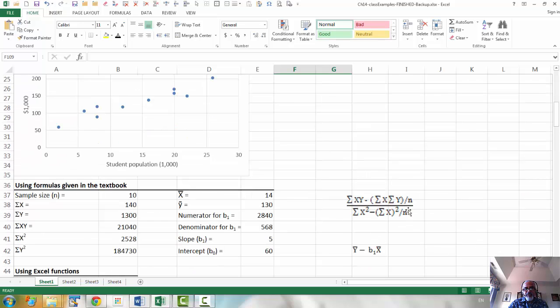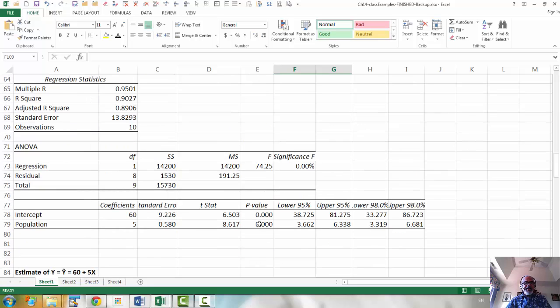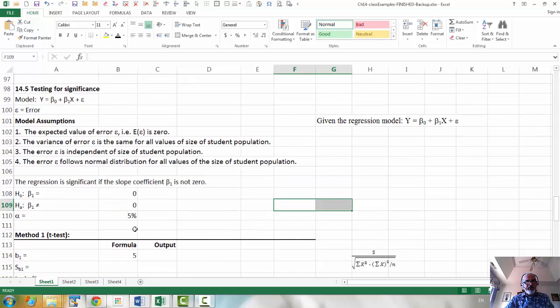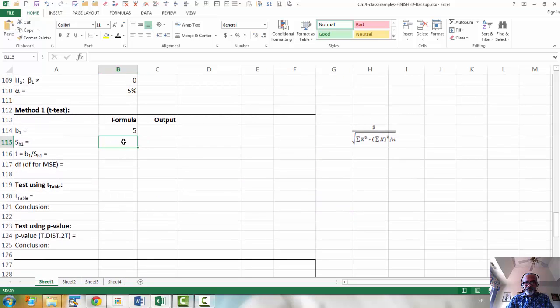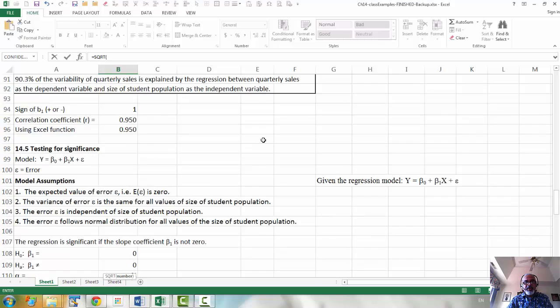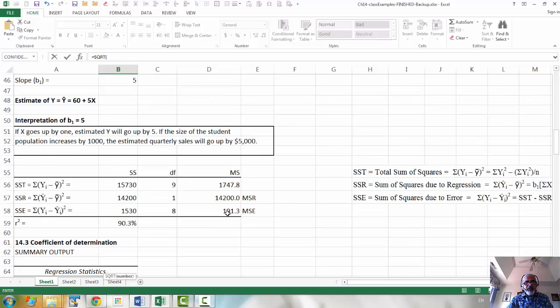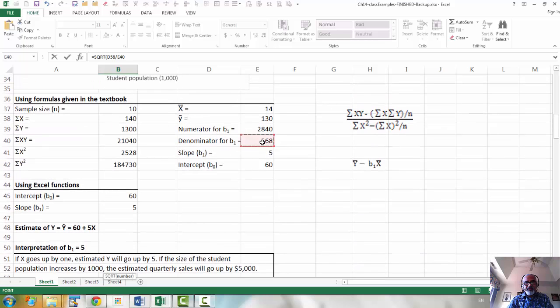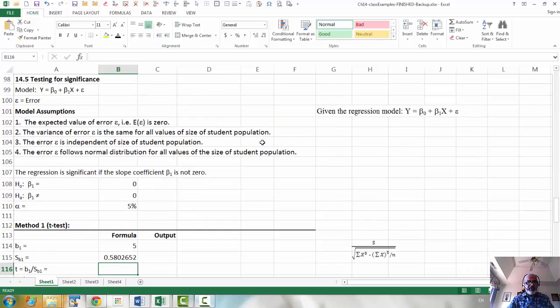This is the same denominator that we used to compute B sub 1. So the square root of MSE is S, and S divided by the denominator will give us the standard error of B sub 1.